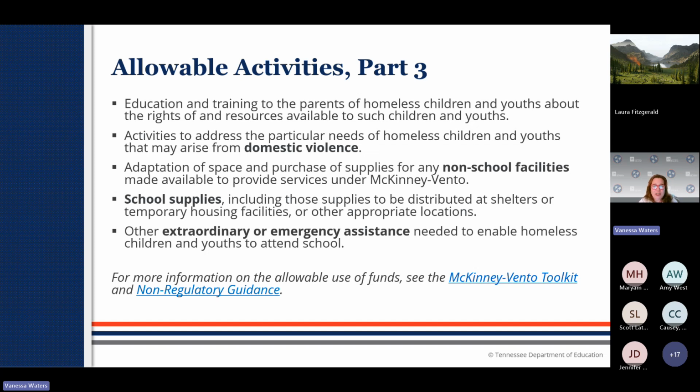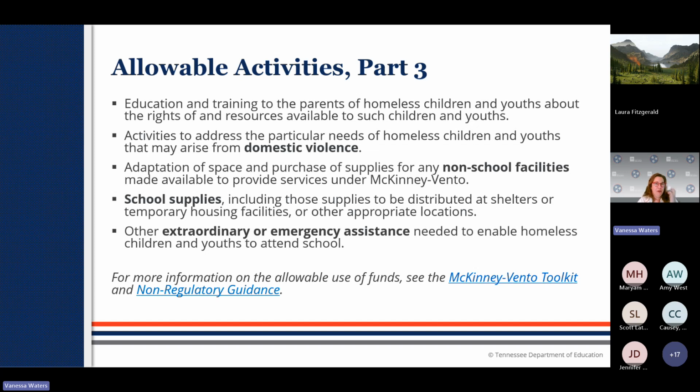And then, of course, the last one is extraordinary or emergency assistance. Typically when those come up, it is required for you to get pre-approval from the state, which you would just email me your situation. We'll talk through it, and based on the information provided, I will determine if it is going to be allowable, again, case by case.